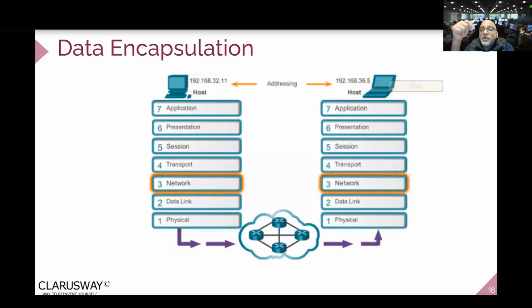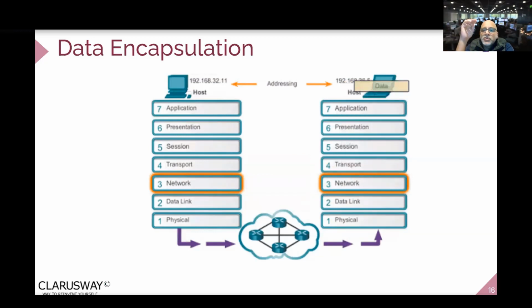From that Ethernet frame, it can extract the IP packet. From that IP packet, it can extract the TCP component and the application headers, and then eventually you get the data that's required for processing by the software on the other side, which let's say is a browser as well.